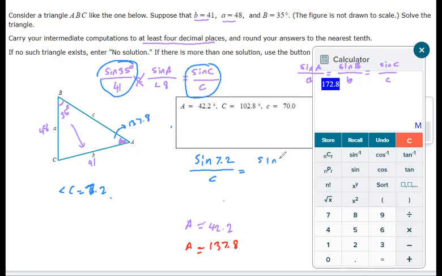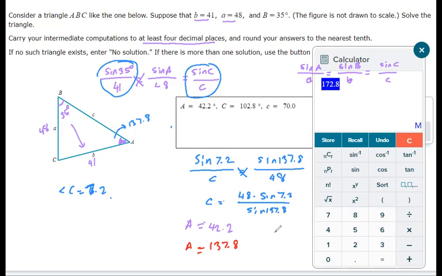So the sine 137.8 over, right, angle A is opposite to 48. Now if I use the cross multiplication in this case, C is going to be this number times this number divided by this number, which we've seen a few times. So you can just write it as 48 times sine 7.2 divided by sine 137.8.